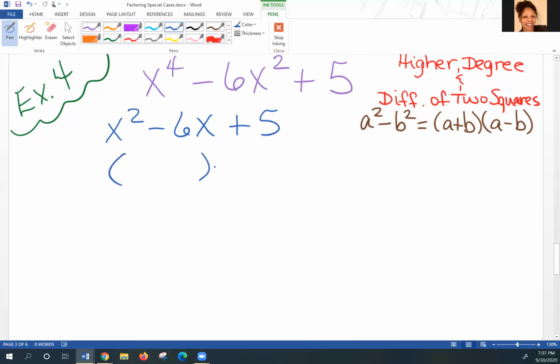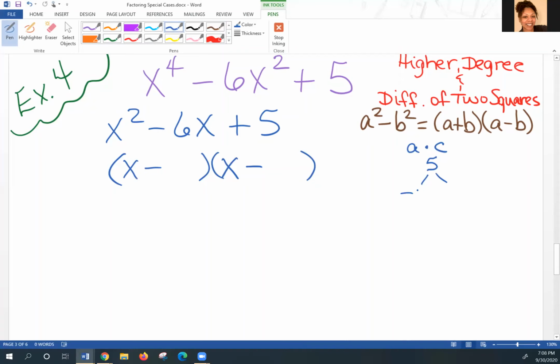And you're going to put it in factored form, which is saying, well, first off, x squared we know is just x times x. If you know the pattern, if you have a negative and then a positive, then both signs are going to be negative. If you don't know that, just go back to the rules of setting up your a times c, which is 1 times 5, and ask yourself, what two numbers can I multiply that will give me 5, but when I add them will give me negative 6.